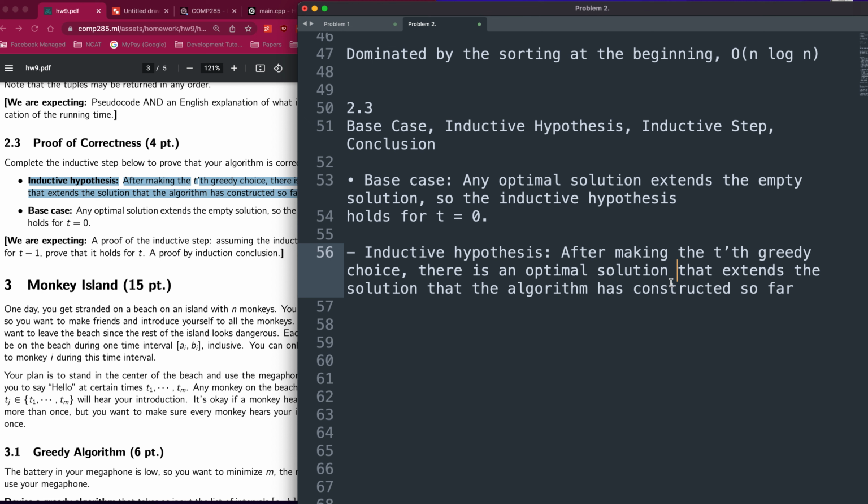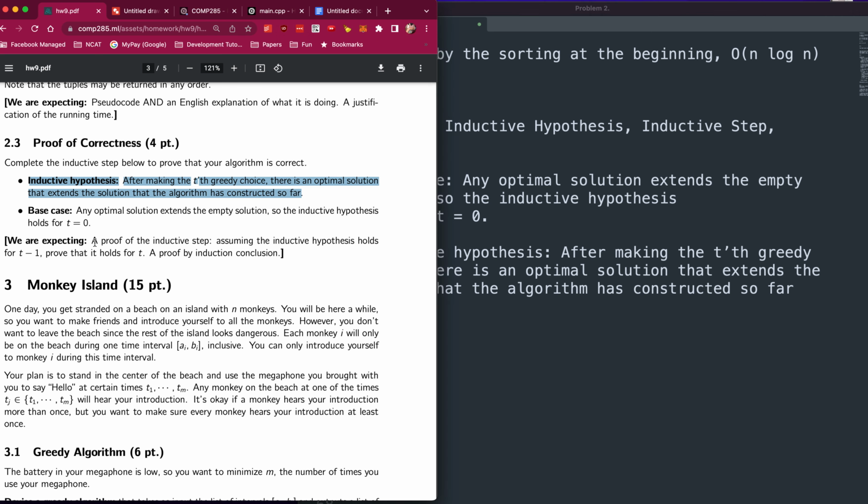So after we've made the t-th choice, there is still an optimal solution that includes all the choices we've made so far. That's what we're trying to prove, okay? And that's what I'm asking you for. So I actually want you to prove the inductive step.